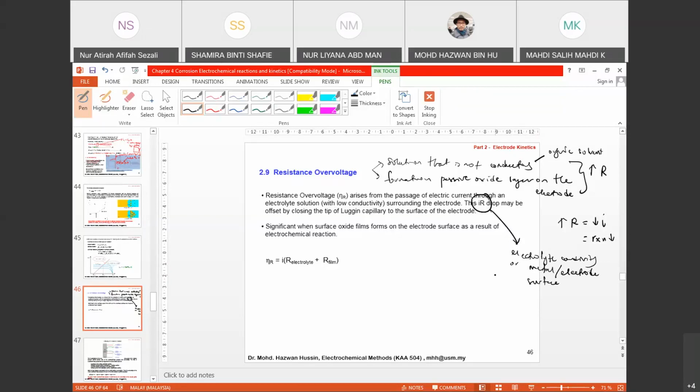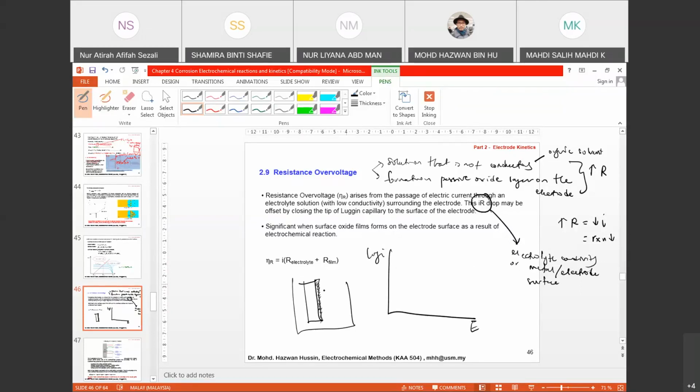Right. So sometimes when you do the measurement, what does this actually happen? Maybe if you're doing polarization process and imagine that you have a grease layer, maybe oil layer on the surface of your metals.